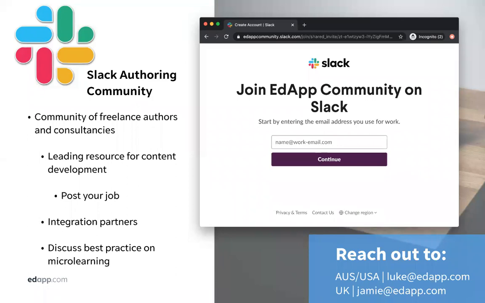And for any of you that are part of an organization that have immediate goals and want to deliver programs, but potentially don't have the resource internally to put together 16 lessons in 1 week, Carl and his team participate in that community along with many others, as I said, and can help out on that front. So the team are just going to post a link to join that community in the chat right now for anyone that would like to have a look at what's going on there.